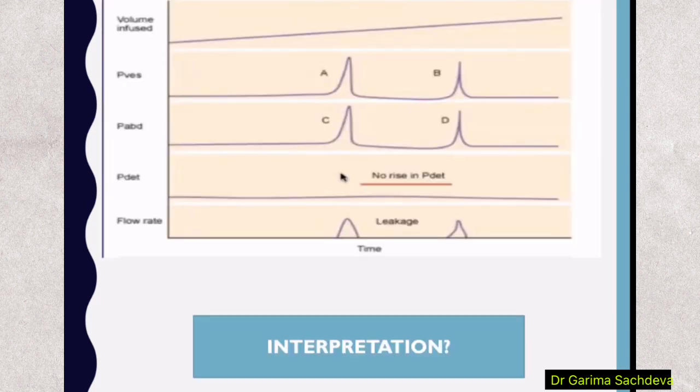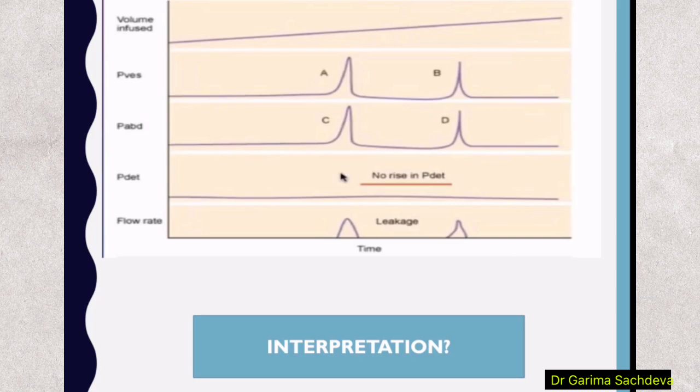Now this we have already studied. What is this? Here, there is leakage. Normally there should be no leakage, so how can it be normal? But detrusor activity is normal.